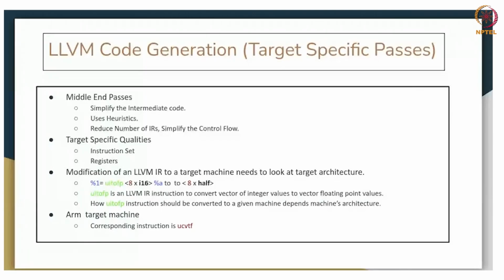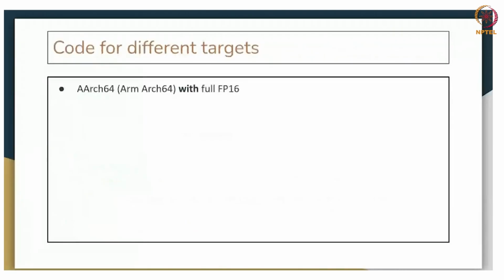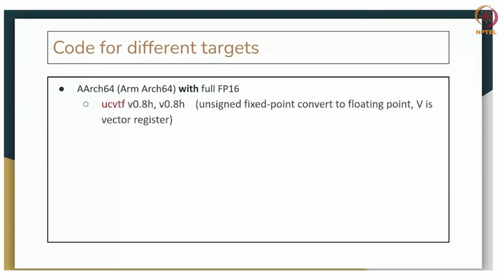So code for different targets will be different. If you look at AArch64, one of the targets in LLVM, with full floating point 16 support, only one instruction is required: UCVTF V0.8H, V0.8H. It's an unsigned fixed point convert to floating point. V denotes the vector registers available in this ARM machine.